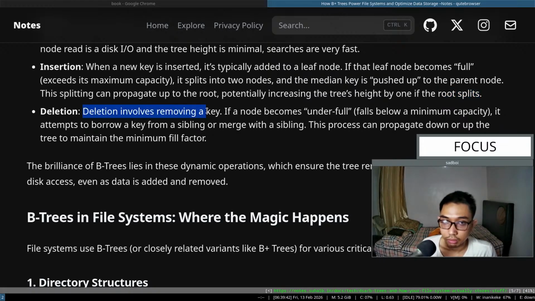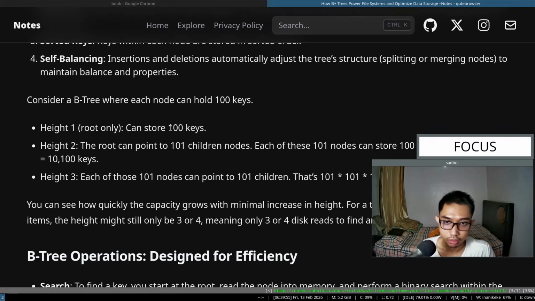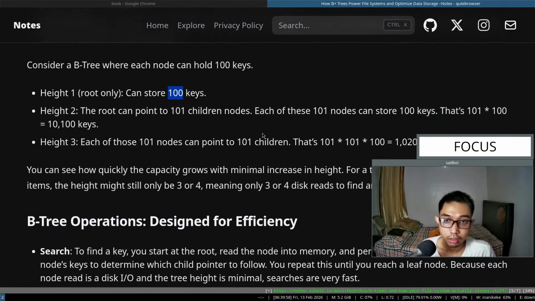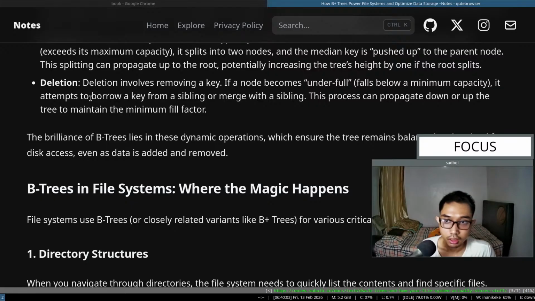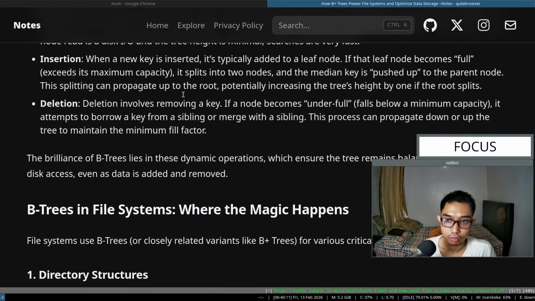Deletion involves removing a key. If a node becomes underfull, falls below minimum capacity, in this example 100, it attempts to borrow a key from a sibling or merge with a sibling.